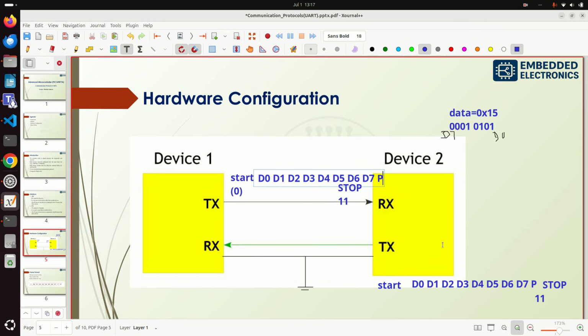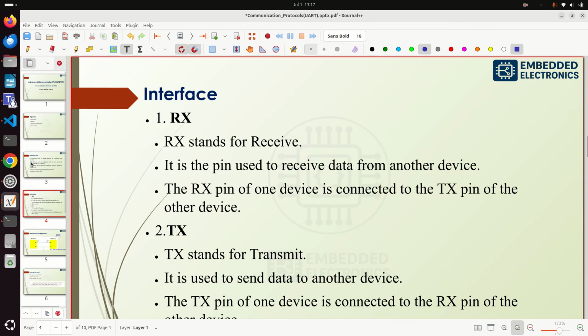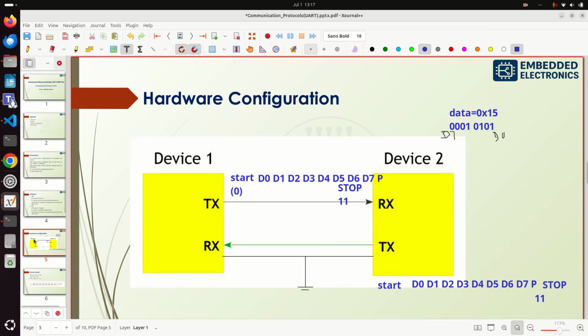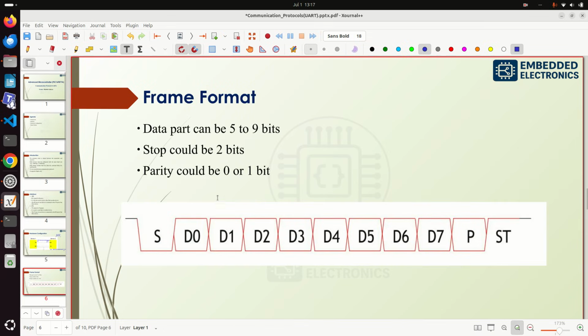Before that we discussed earlier, data frames include start bit, data bits, optional parity bit and stop bit. Now you got it, right?